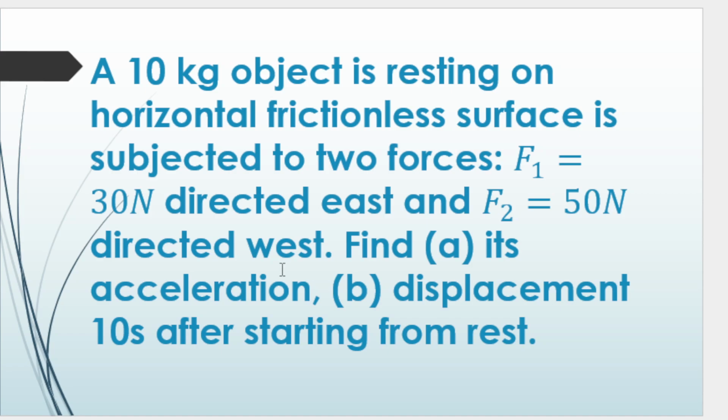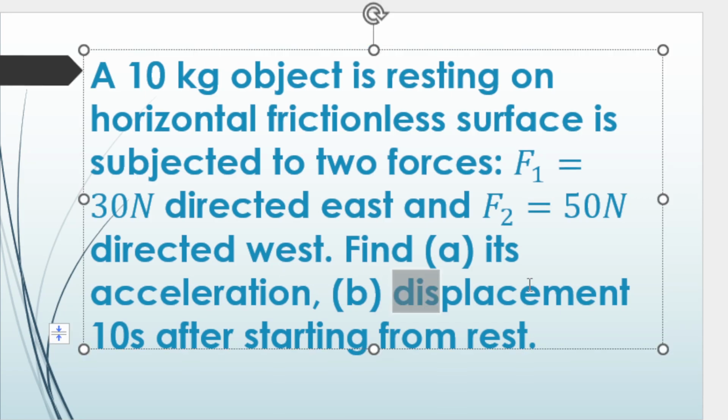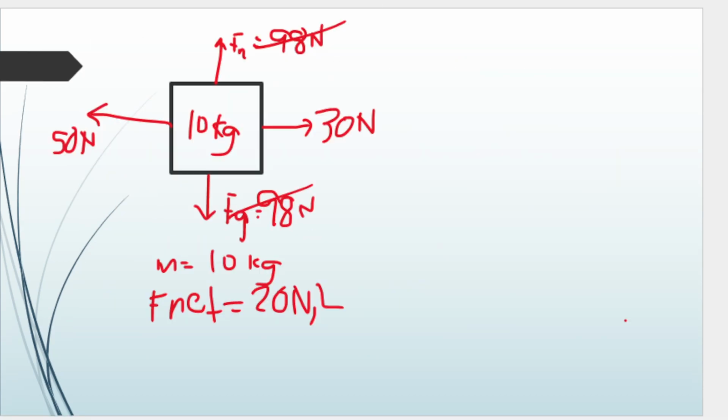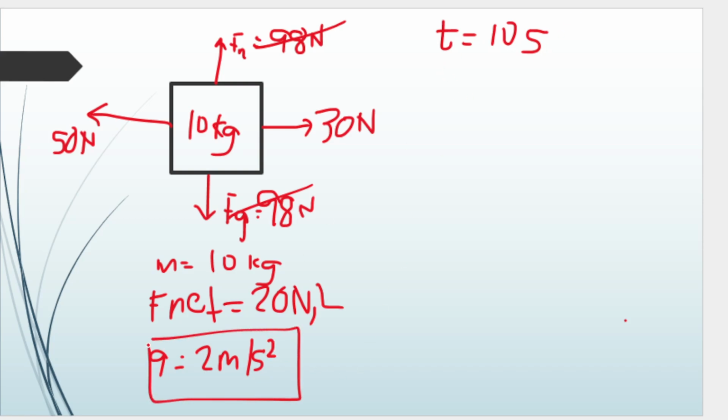Now, let's go to B, which is the displacement after 10 seconds after starting from rest. It gives us time, which is 10 seconds. We have the acceleration, which is 2 meters per second squared from earlier.